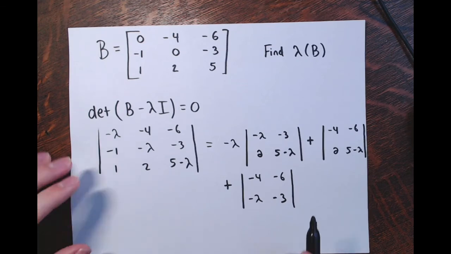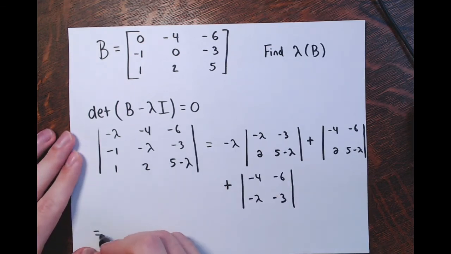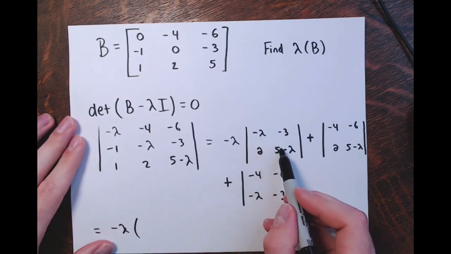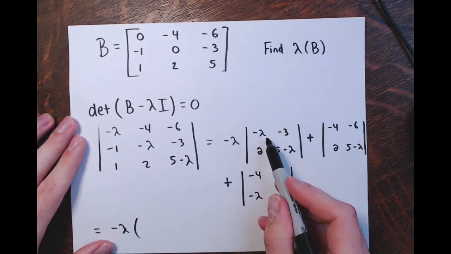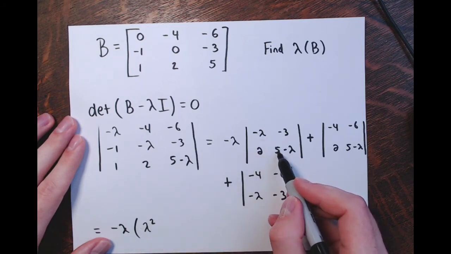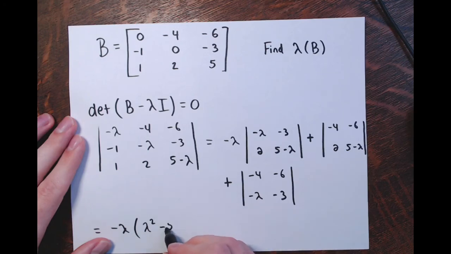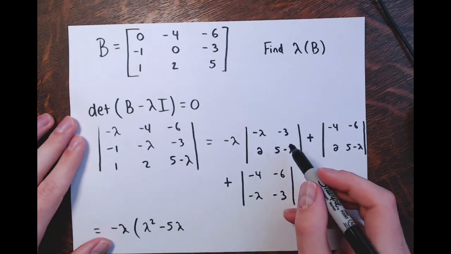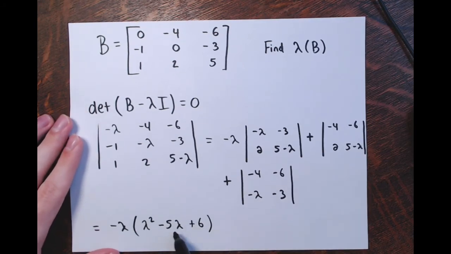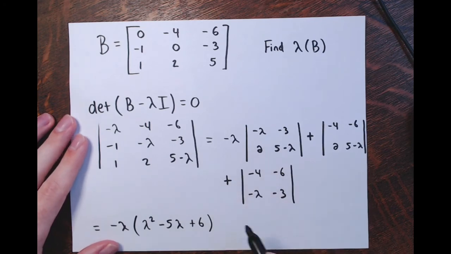All right. So here we have negative lambda times, and then when I do the determinant of this 2 by 2, I'd have lambda squared, then minus 5 lambda, and then minus negative 6, so plus 6. Okay. So that's the determinant of this 2 by 2 here.